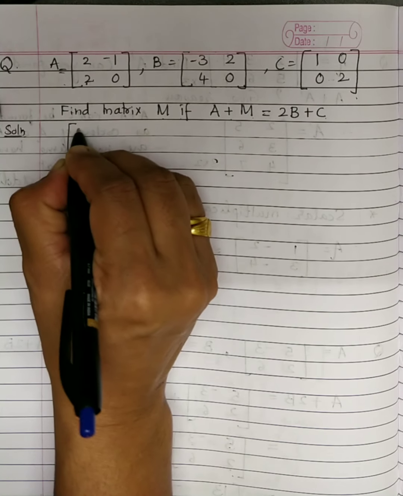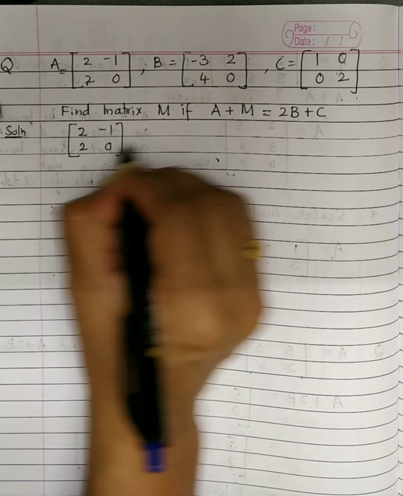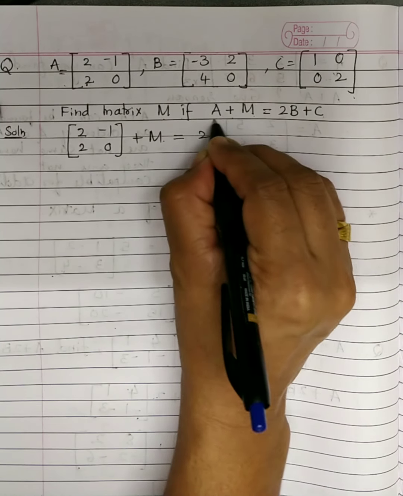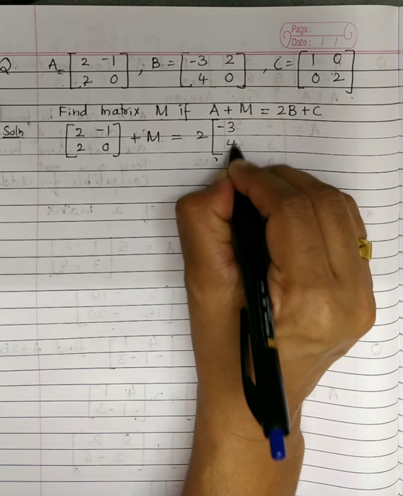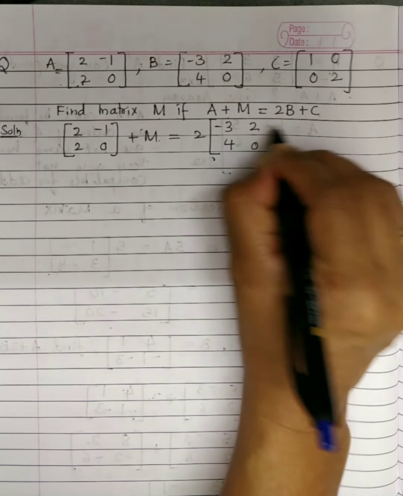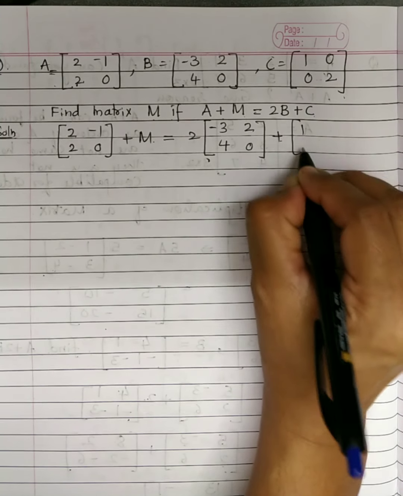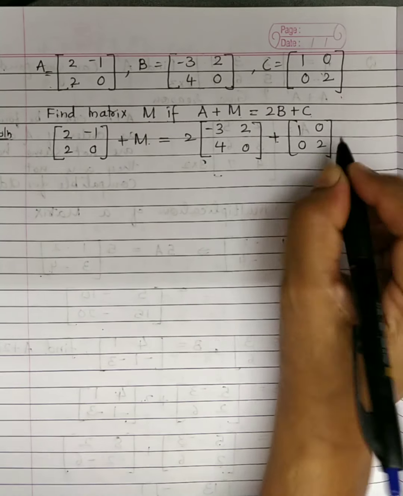A is what? 2 2, minus 1 0, plus the unknown matrix M is equal to 2 times matrix B, minus 3 4, 2 0, plus matrix C. What is that? 1 0 0 2. Copy the numbers correctly.